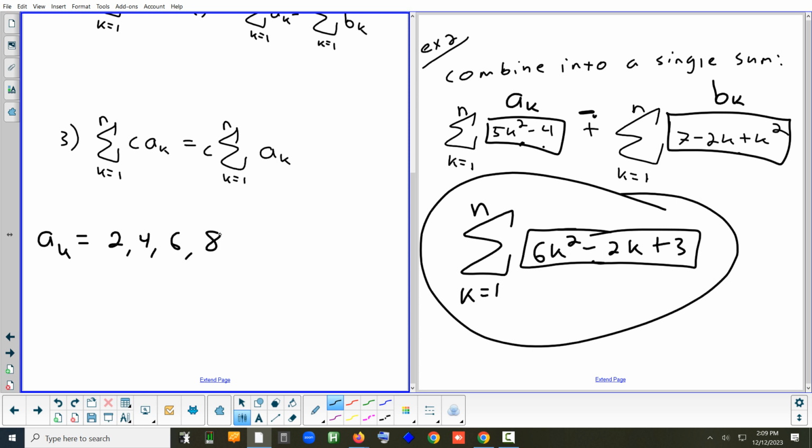And C is a constant. Let's say I want to triple that sequence. Let's do it the way on the left, then let's do it the way on the right, and see what happens. This means to multiply your sequence by some constant. Right? In my case, it's going to be 3.